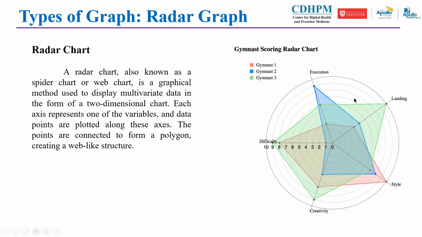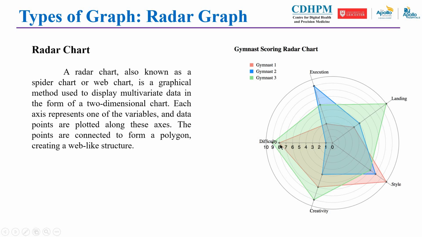Let's say the person who is in the green color, his execution was not so good, it was 6 out of 10. His landing is 10 out of 10, he did a perfect landing. His style was only about 6 out of 10. His creativity is 9 out of 10 and his difficulty is 9 out of 10.